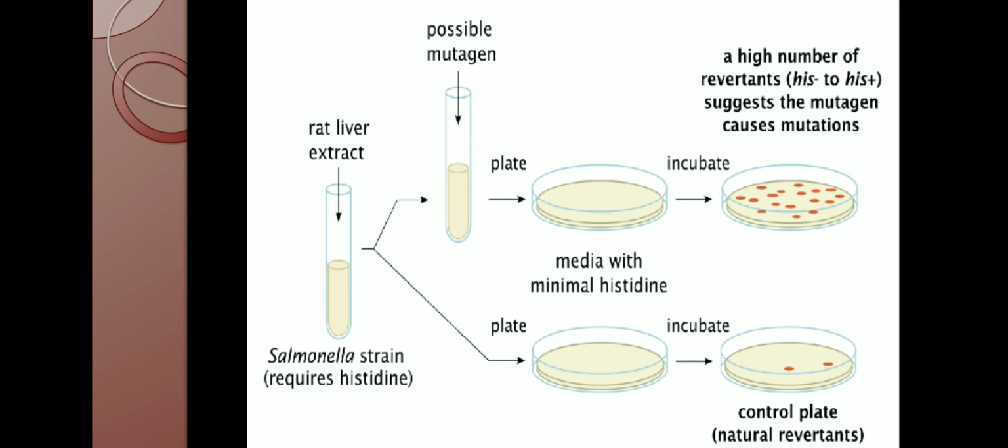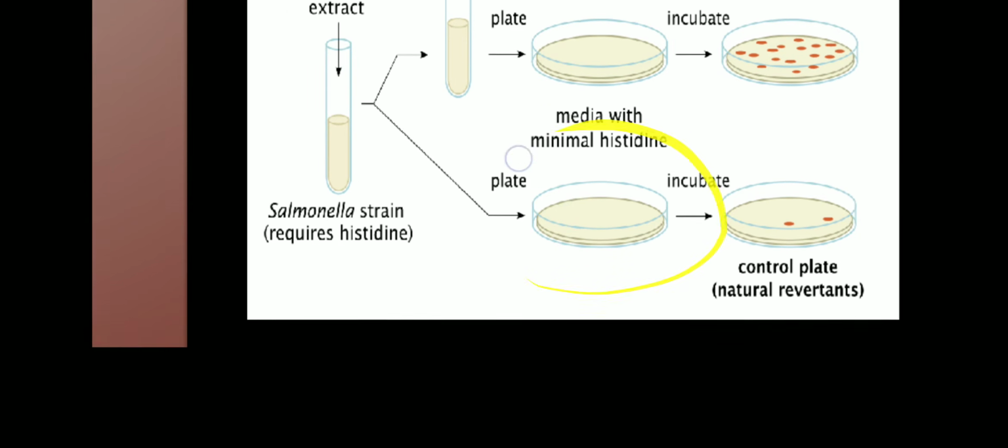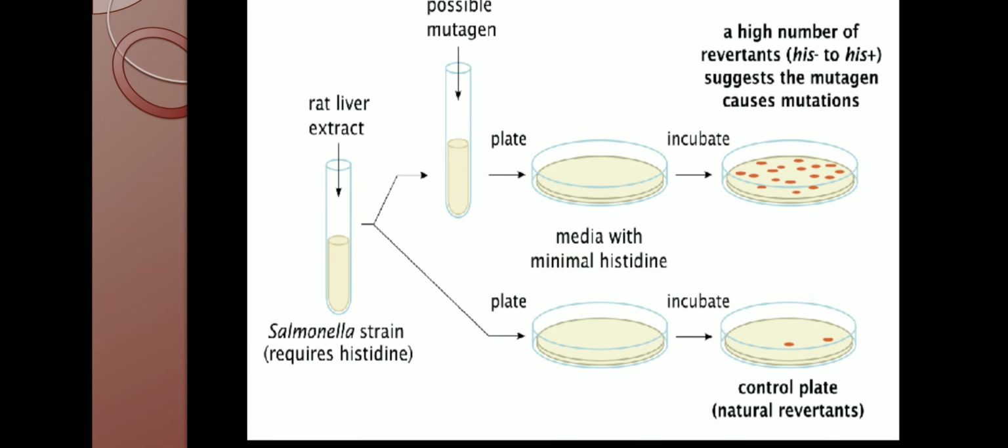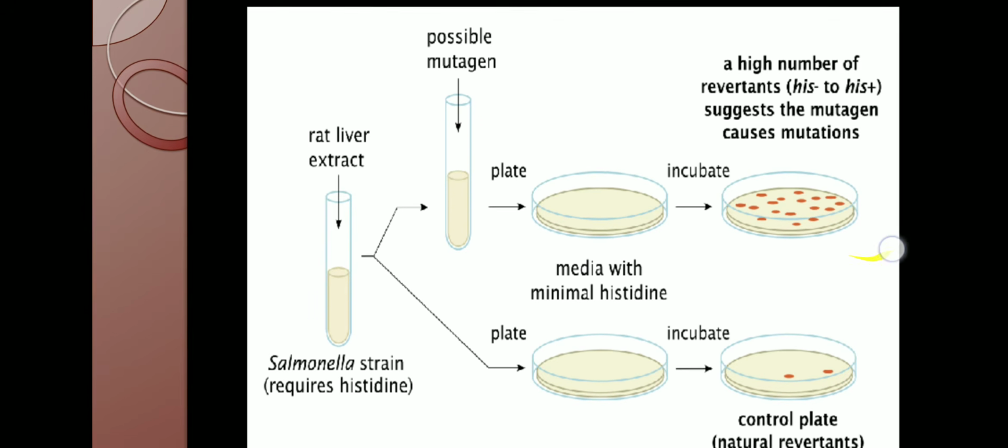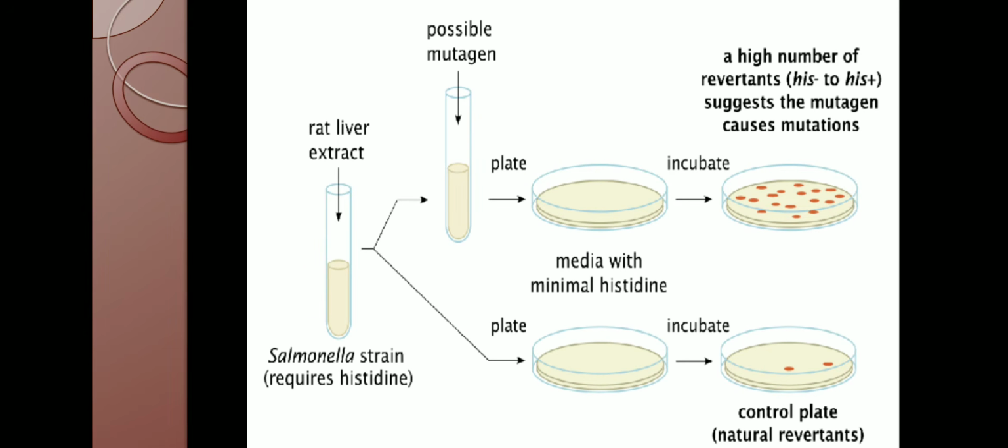Now if this chemical compound is a mutagen, then it is going to mutate the gene again, so therefore it is going to revert the gene to produce histidine. So if the gene is mutated during the Ames test, it is possible that the organism will produce histidine and it can grow on the media which does not have histidine.